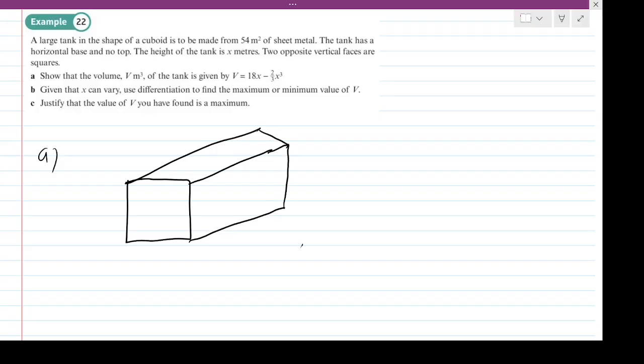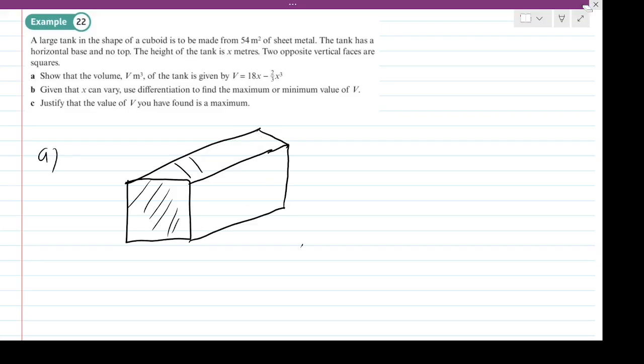Something vaguely like that. So at either end, it's going to have this face here, and then obviously it has that face at either end, and then this top and bottom, and the side here. So it has all these faces in this cuboid here.